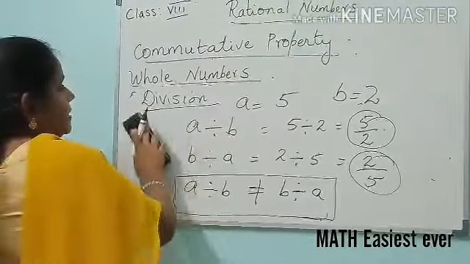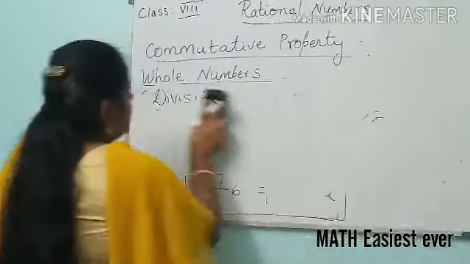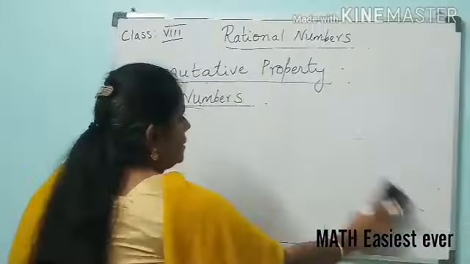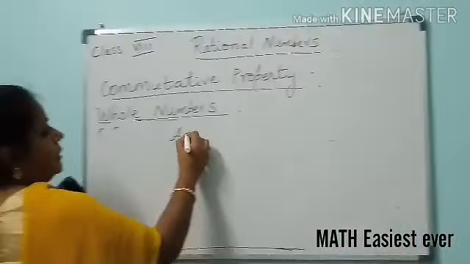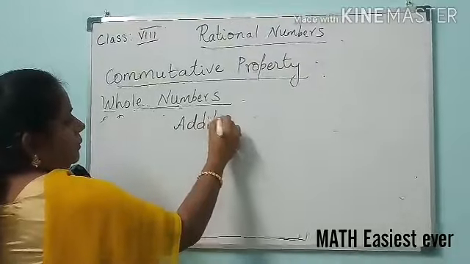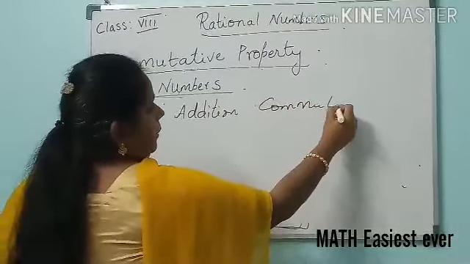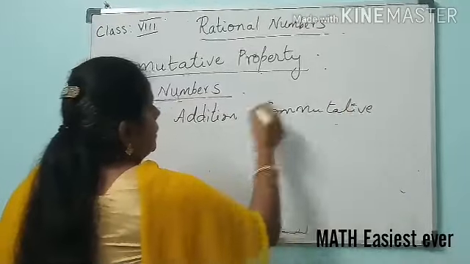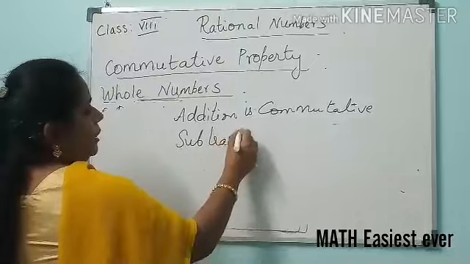Let's recap once again what we have learned. For whole numbers, addition is commutative.